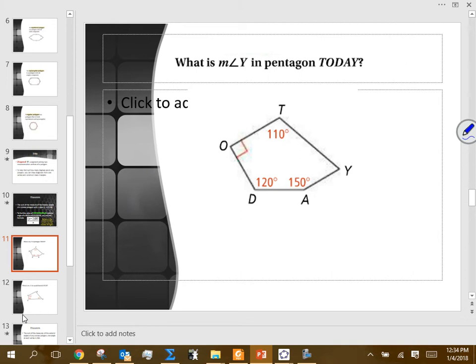Can I take 540 minus 110, minus 90, minus 120, minus 150 to get angle Y? Yes. And if you do that, angle Y ends up being 70 degrees. You just subtract. You missed the 110. So it is 70.